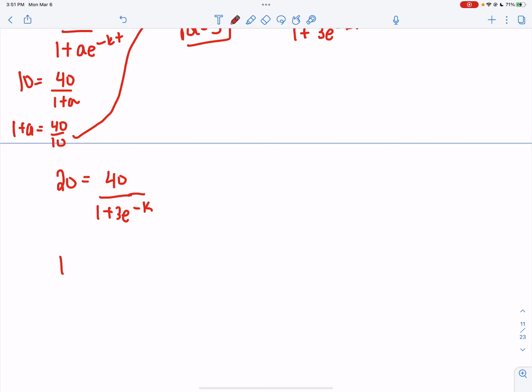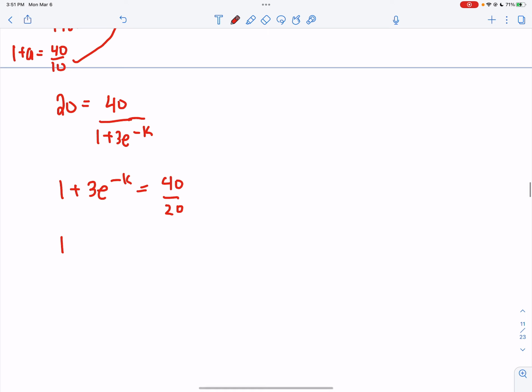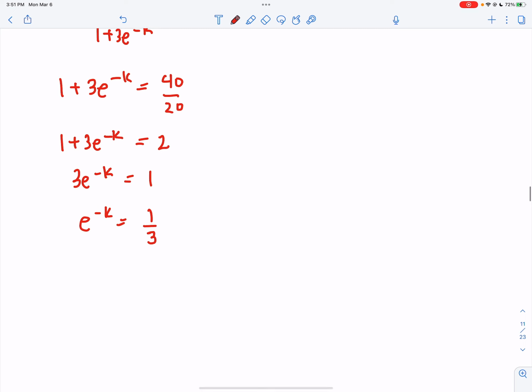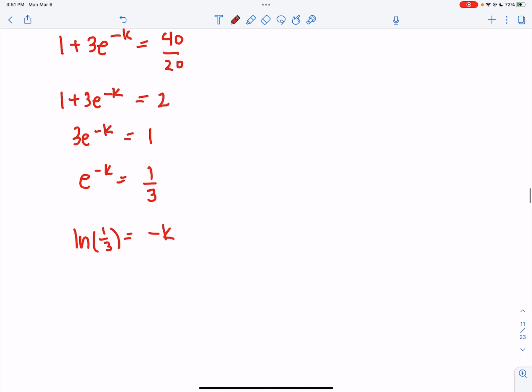So essentially I'm flip-flopping again. Simplify the 40 and the 20, that's going to give me 2. Subtract 1, divide by 3. Take the ln of both sides, and then divide by negative 1.